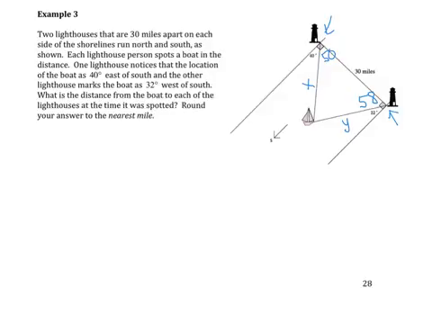Since I know that the two angle measures inside the triangle are 50 and 58, if I take that sum and subtract it from 180 degrees, because the sum of three angles in a triangle is 180, I can get the third angle measure, which is going to help me find the rest of these values.